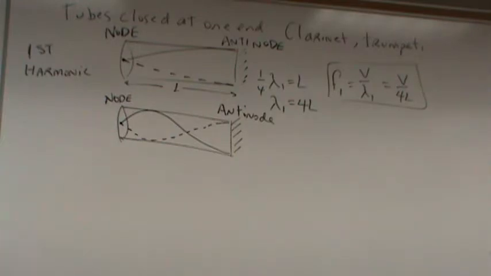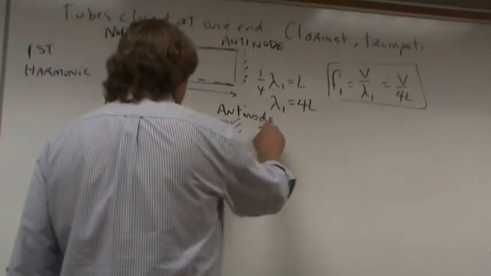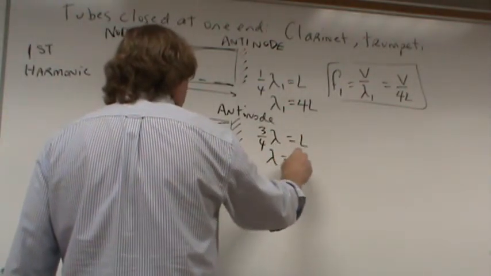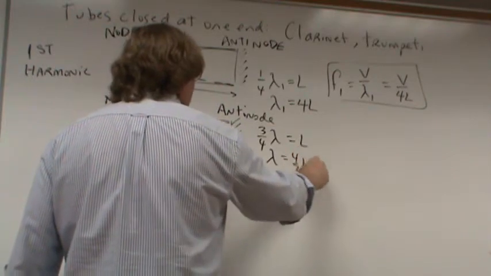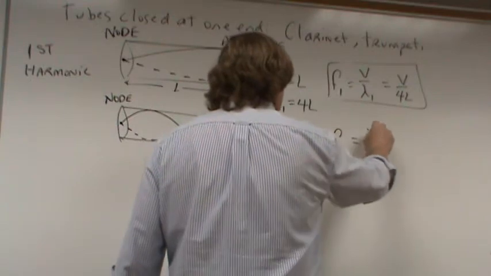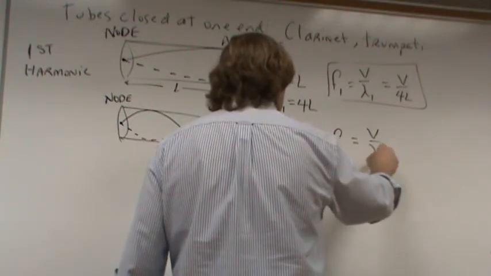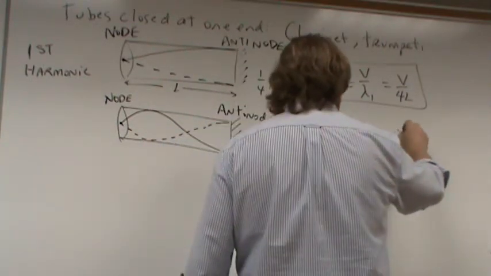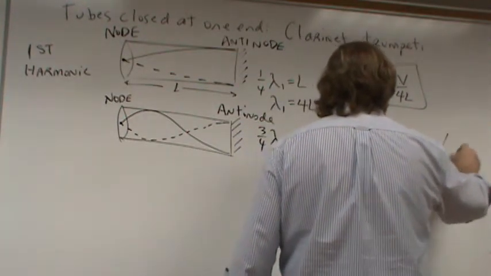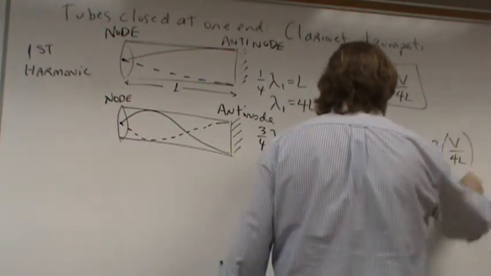So what fraction of a wavelength is this? 3/4. Thank you very much, Gavin. 3/4 lambda equals L, or lambda equals 4/3 L. So I get this frequency equaling V over lambda, which is the same as V over 4/3 L, which is the same as 3 times V over 4L.